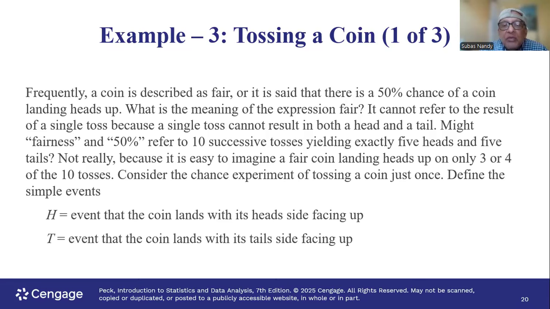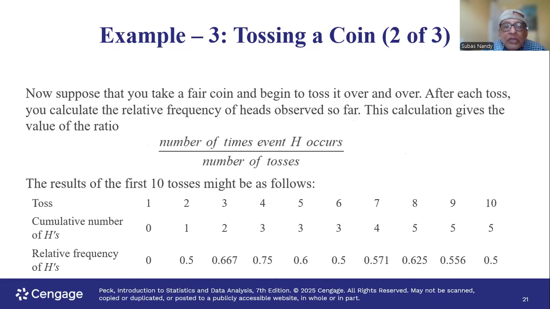Not really, because it is easy to imagine a fair coin landing heads up only 3 or 4 out of 10 tosses. Consider the chance experiment of tossing a coin just once. Define the simple events. H is the event that the coin lands with its head side facing up. T is the event that the coin lands tail side facing up.